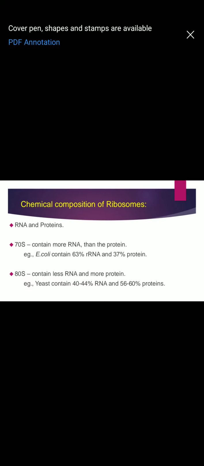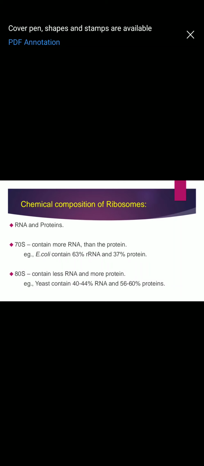Now we will talk about the eukaryotic ribosomes. Eukaryotic ribosomes contain less RNA than proteins. The RNA content in the case of 80S is 40 to 44%, and the protein is 56 to 60%.